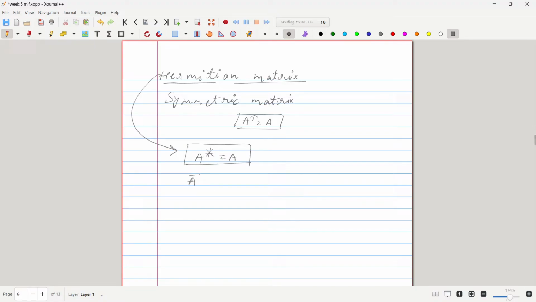A matrix is Hermitian if and only if A conjugate transpose is equal to A, and Hermitian matrices are equivalent to similar matrices in complex vector space.